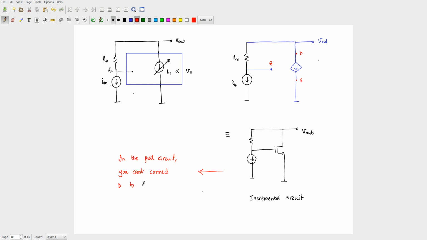Drain will not be connected to ground, to any voltage source. Because if it is connected to any voltage source, what will happen? In the incremental circuit, that drain will become ground, and then it will trouble you here, right? Because you are going to take V out from the drain in the incremental circuit. Okay, so given that, which bias circuit should you use?